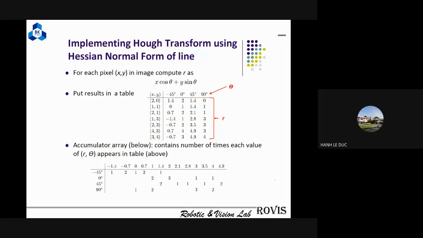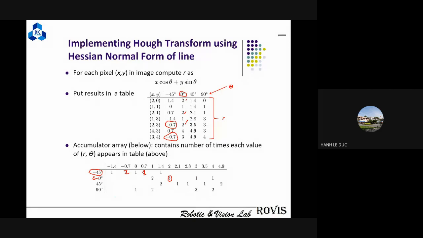So let's see. At theta minus 45, the minus 0.7 appears 2 times. At theta 0 degree here, the number 2 appears 3 times.